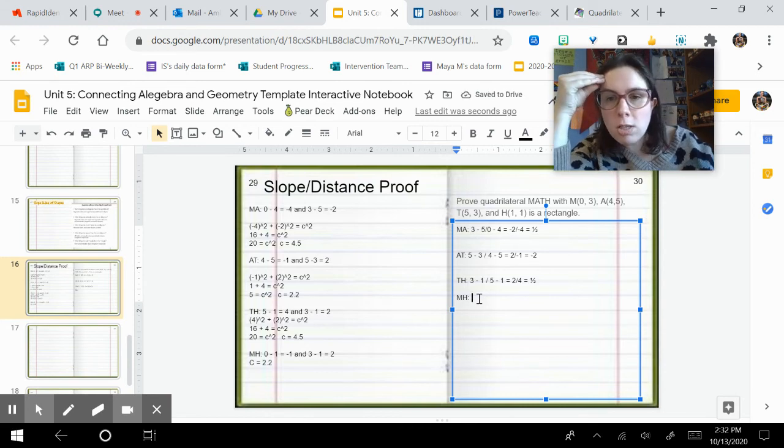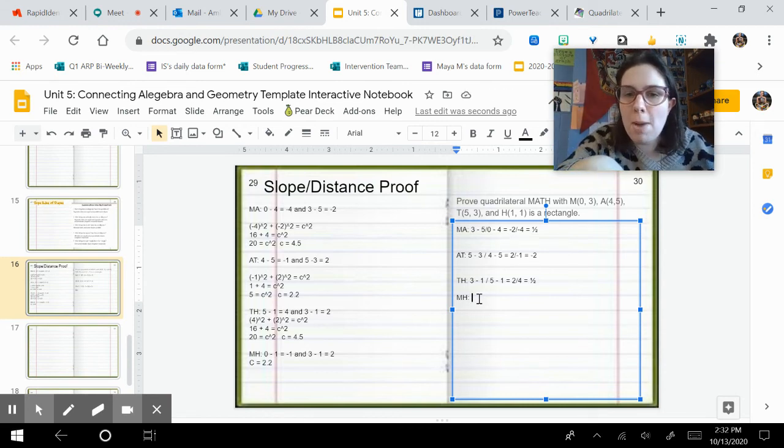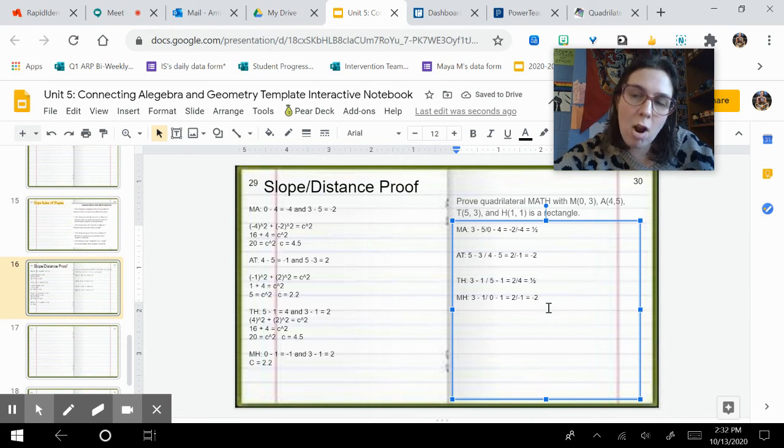So MH. We have 3 minus 1 for the y divided by 0 minus 1. That's 2 divided by negative 1, which is negative 2. Again, that means these two are opposite reciprocals as well, because they have opposite signs and flipped fractions.